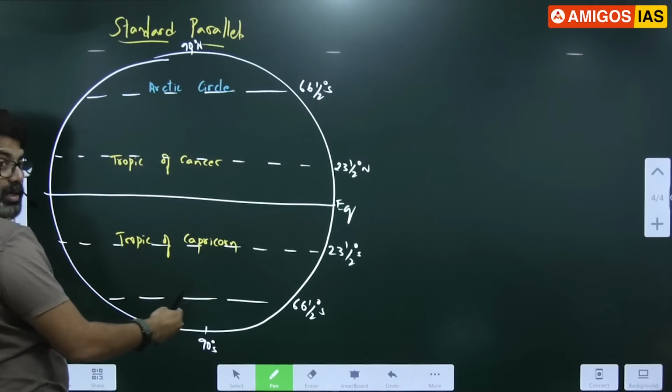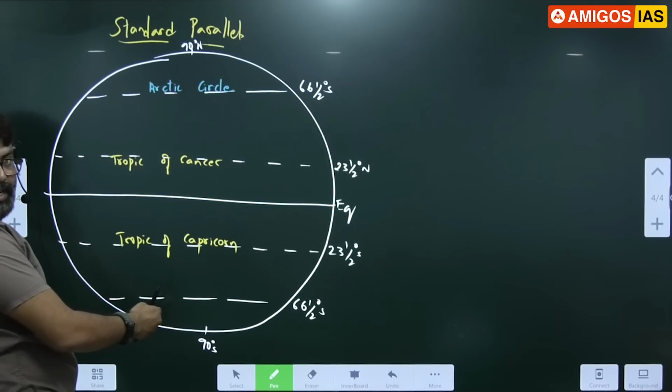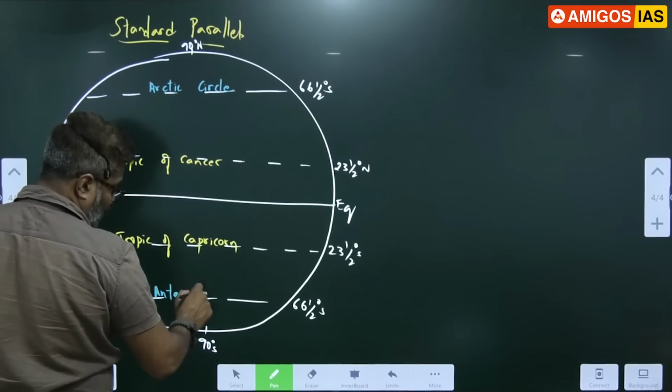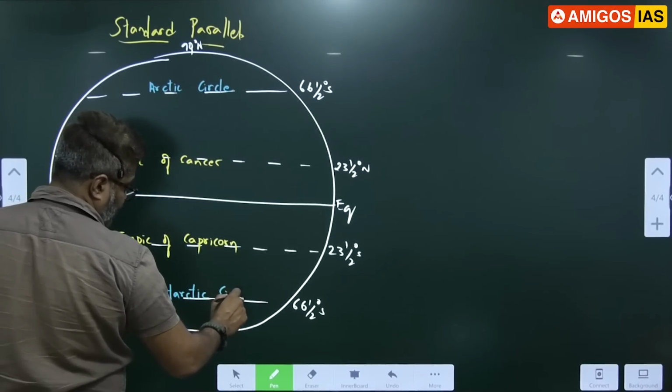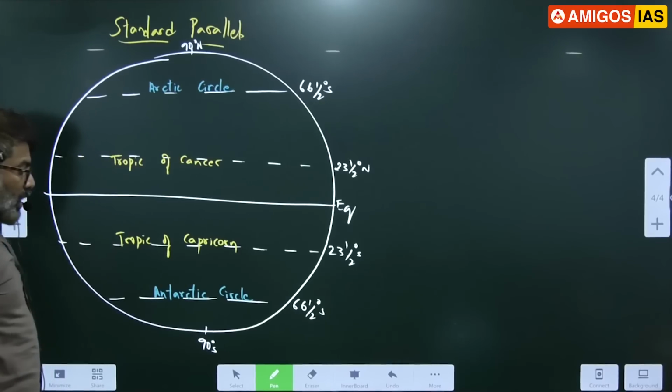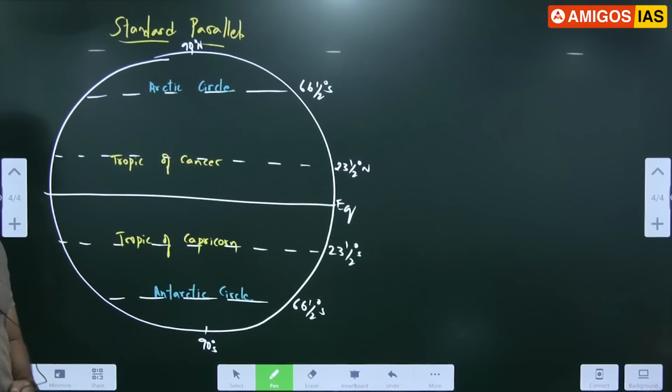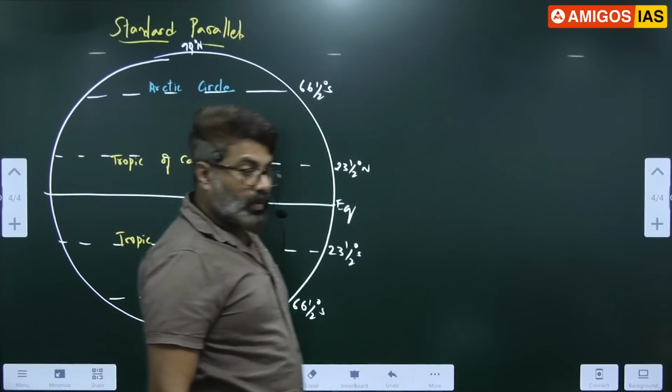Opposite of Arctic, Antarctic Circle. Okay. Because Earth is tilted by 23.5, we are considering the tilt.